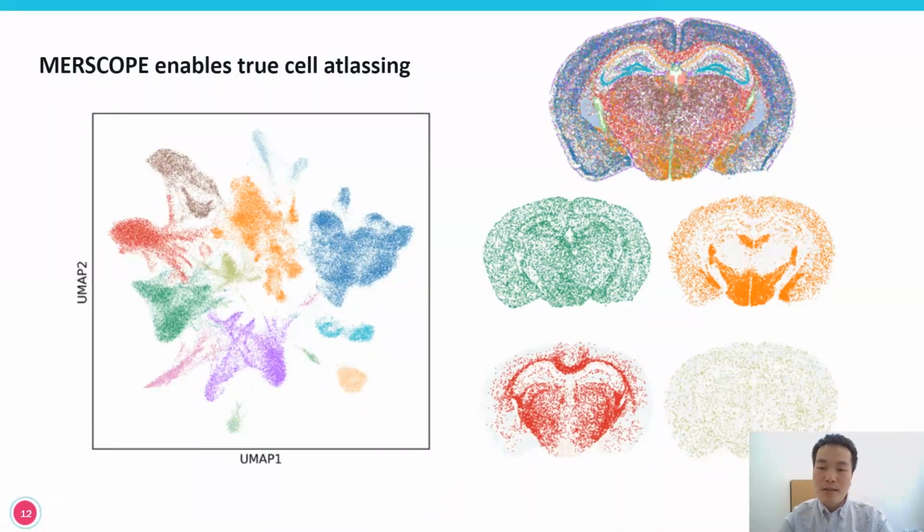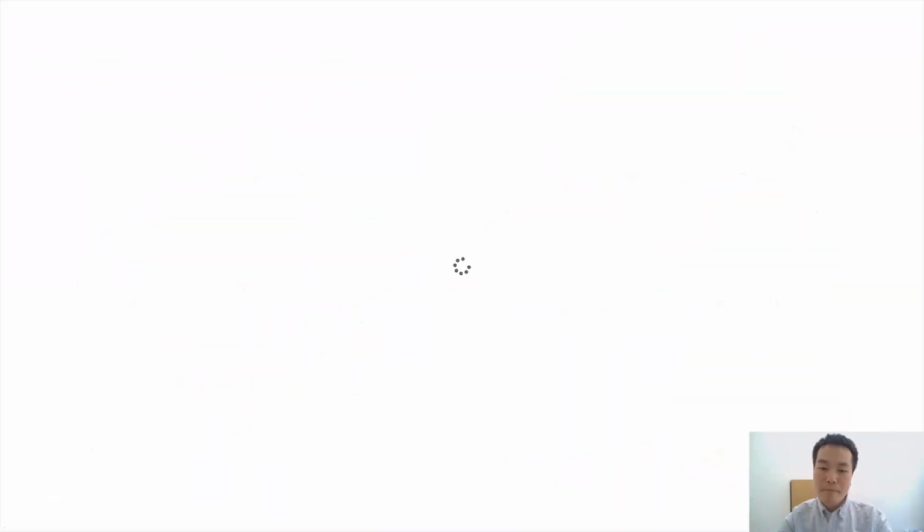For example, shown on the left, we can identify cell types and project the different cell clusters identified on this UMAP plot. But since this is a spatial measurement, we know that each location is recorded, and the exact position of each of these cells is also illustrated on the images on the right. And hopefully you can really start to see how we can leverage MERFISH for creating cellular atlases.